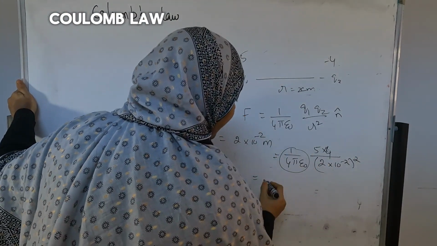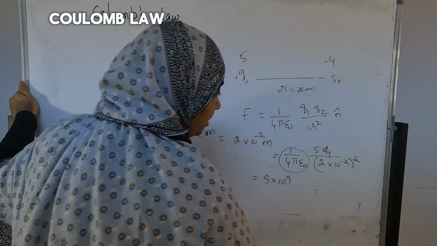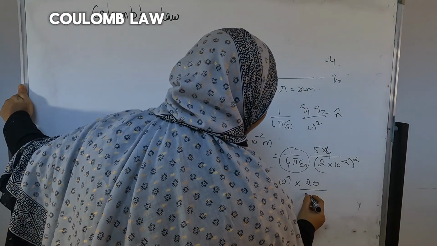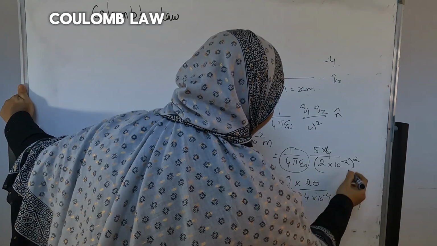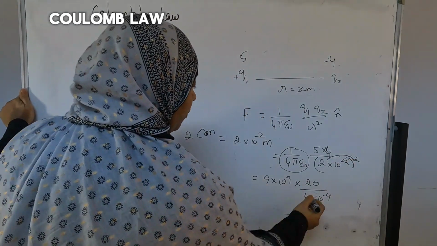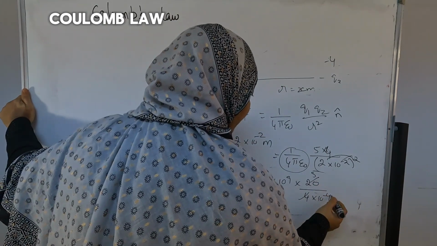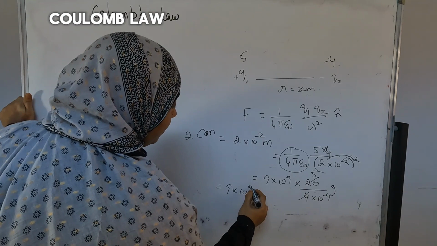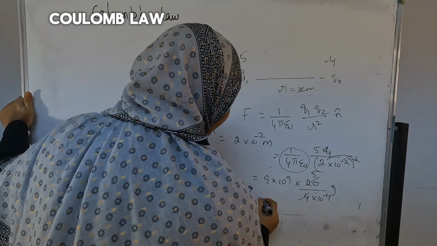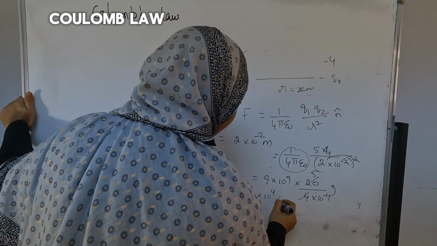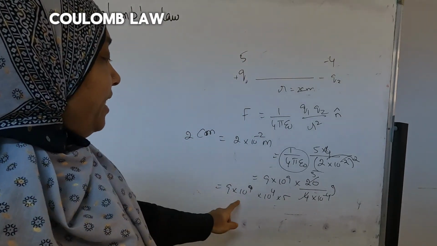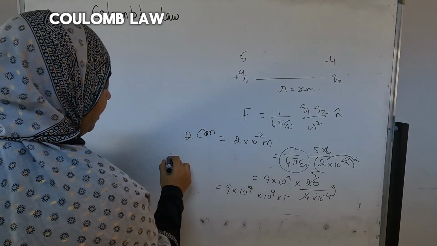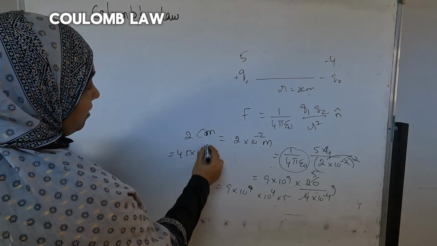Now this is 9 into 10 power 9, fixed value, 20 by 4 into 10 power minus 4. 4 5s are 20, and 10 power minus 4 in the denominator comes up as 10 power plus 4. 5 9s are 45, so after calculating you get 45 into 10 power 13.